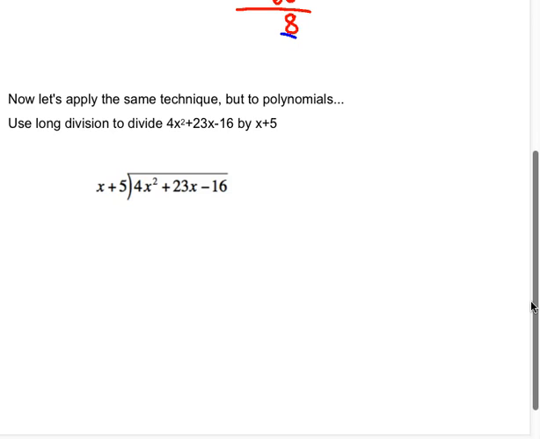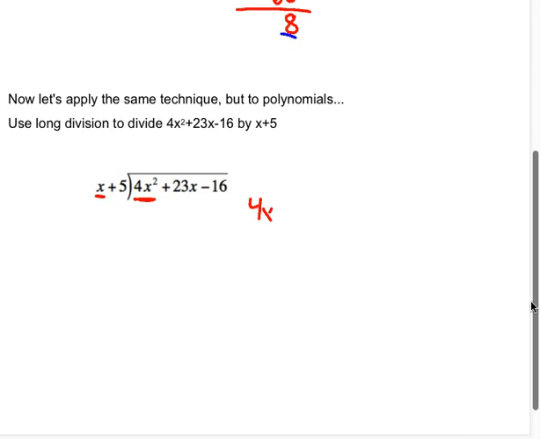For polynomials, it's the same kind of deal, except every step of the way, I'm looking at how many times that first term can go into that term. And every single time, what I'm looking for is canceling out a piece of it. So what can I multiply x by to give me 4x squared? Well, I need to multiply by 4 because right now it's 1x.